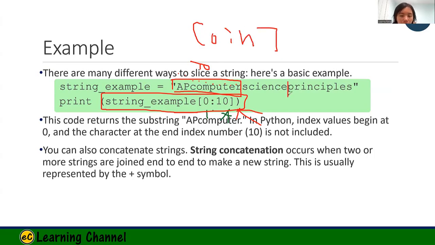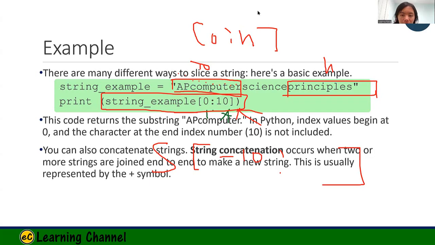Now, how do you say the last 10 letters? If I have a string S, how do I say the last n letters? You do brackets -10 colon, and colon nothing.